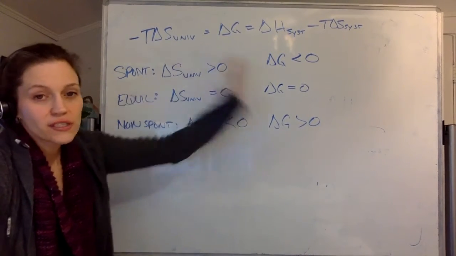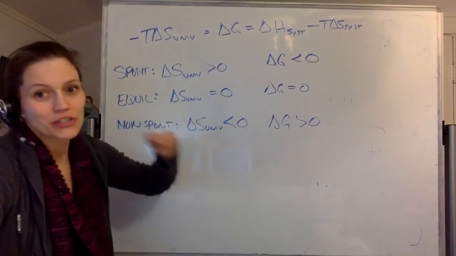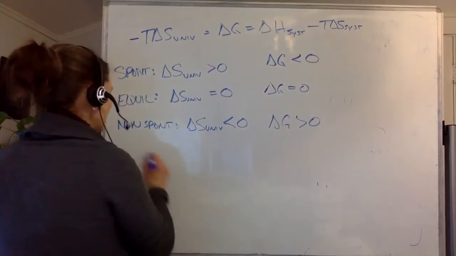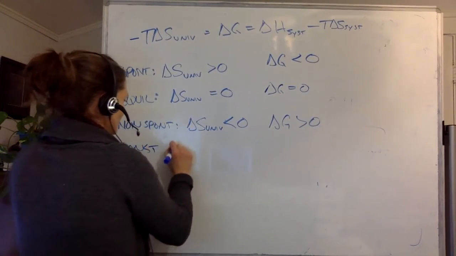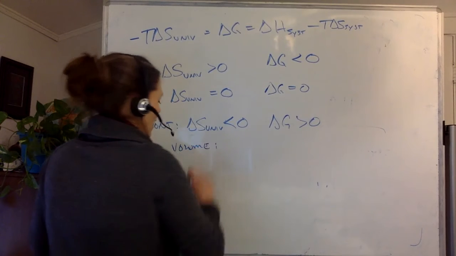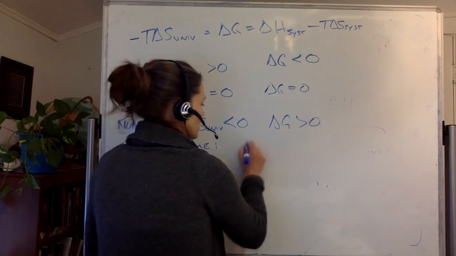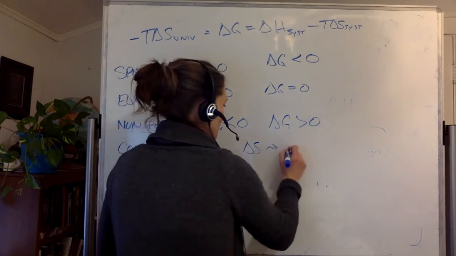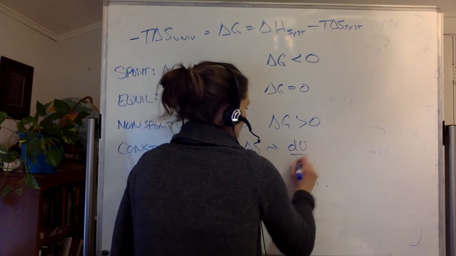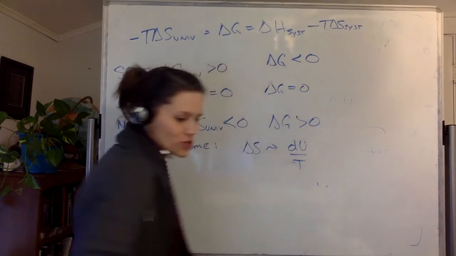So this is for constant pressure conditions. If we have constant volume conditions, we start with the delta S related to our delta internal energy per temperature.